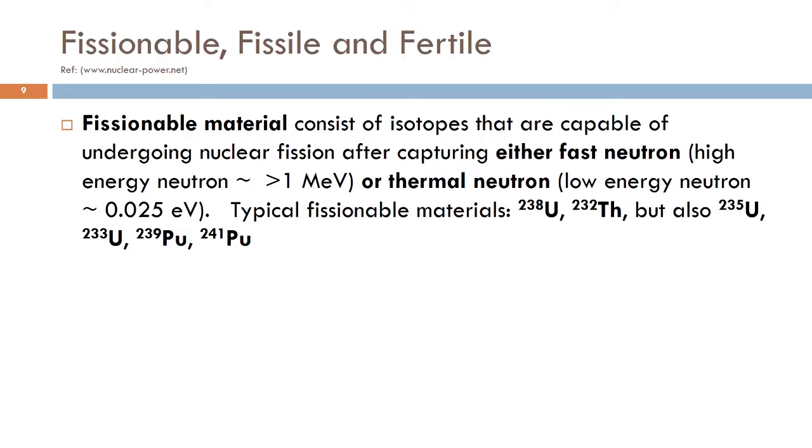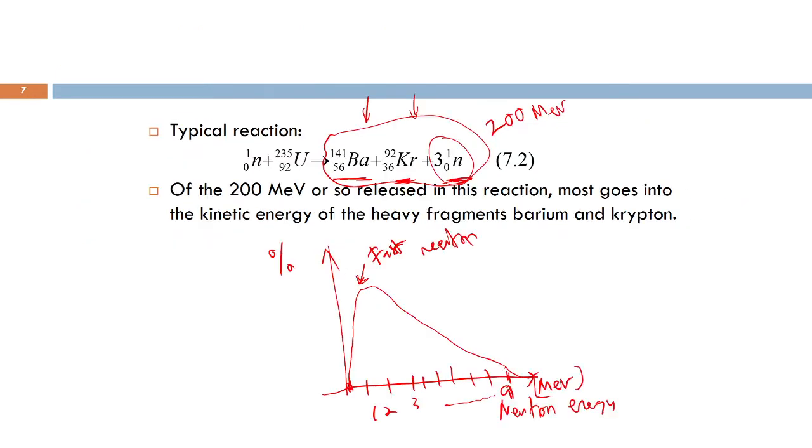Another terminology. Just now we had a fast neutron. Fast neutron is energy greater than 1 mega electron volt. So the dominant neutrons produced from fission of uranium-235 are fast neutrons.